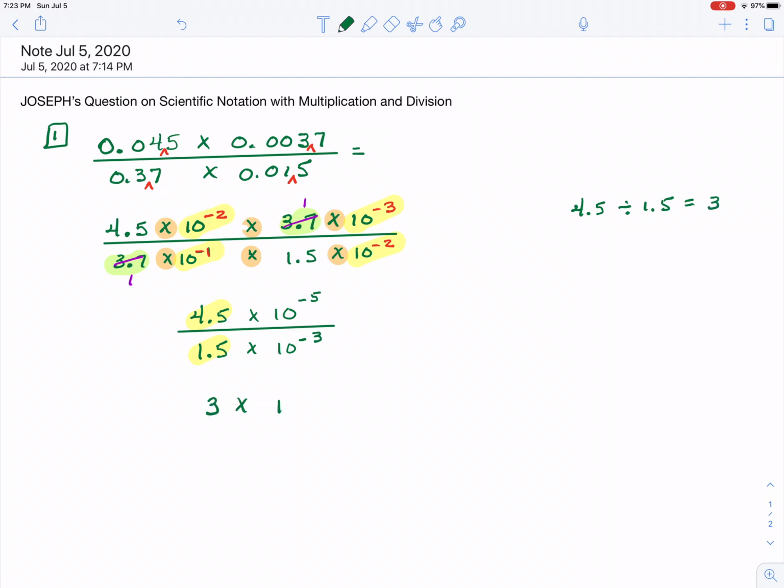And then remember, when you divide like bases, you start with the exponent in the numerator and you subtract the exponent in the denominator. So it looks like I'm going to end up here with a negative 5 plus positive 3, or 3 times 10 to the negative 2. So that's in scientific notation.